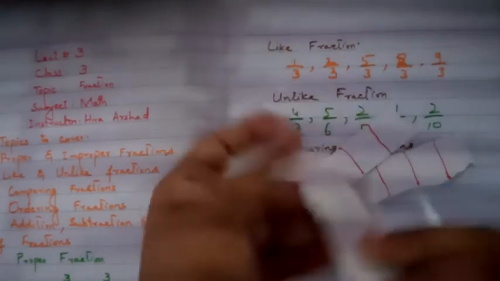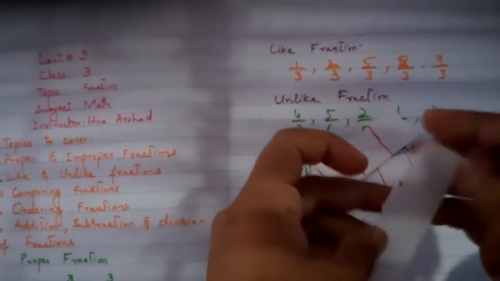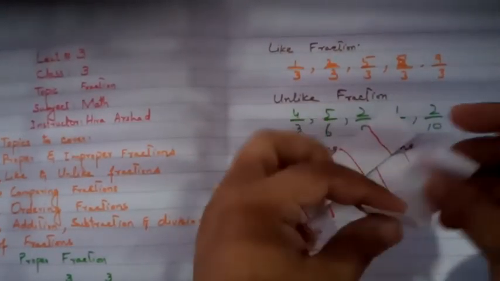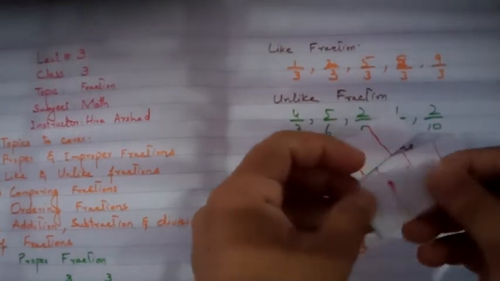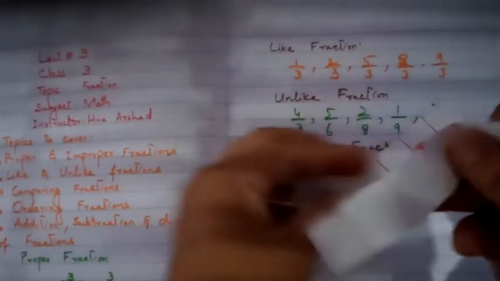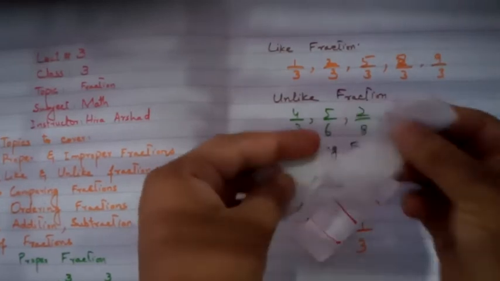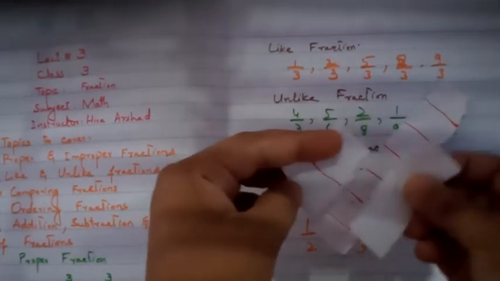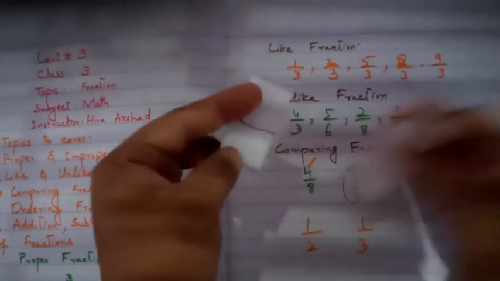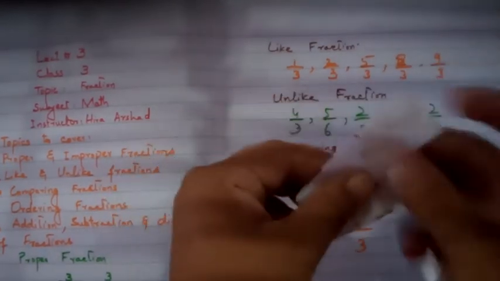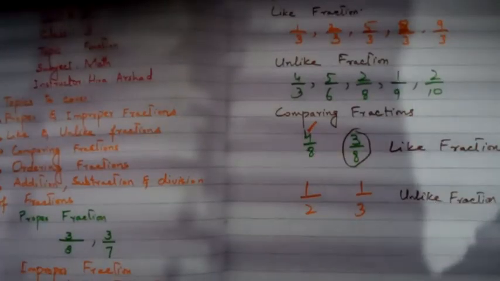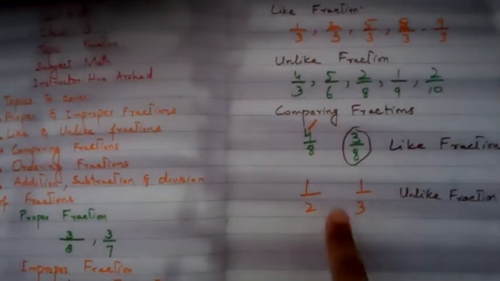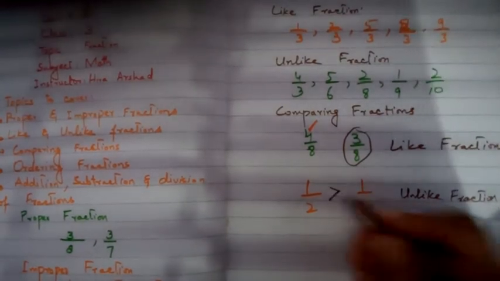Suppose I have divided this paper into 3 pieces, and this paper into 2 pieces. Tell me which piece of paper is greater, this one or this one? This piece of paper is greater. Now in the unlike fraction case, you have seen that 1 by 2 is greater than 1 by 3.